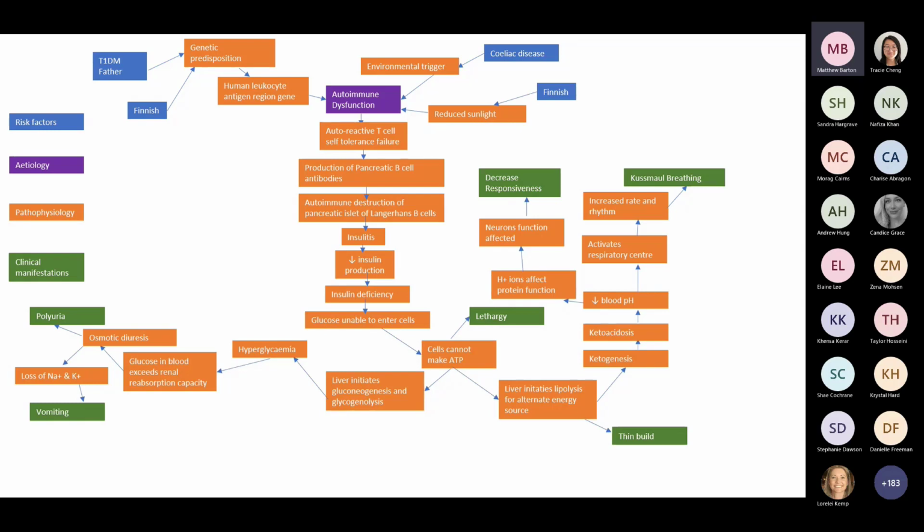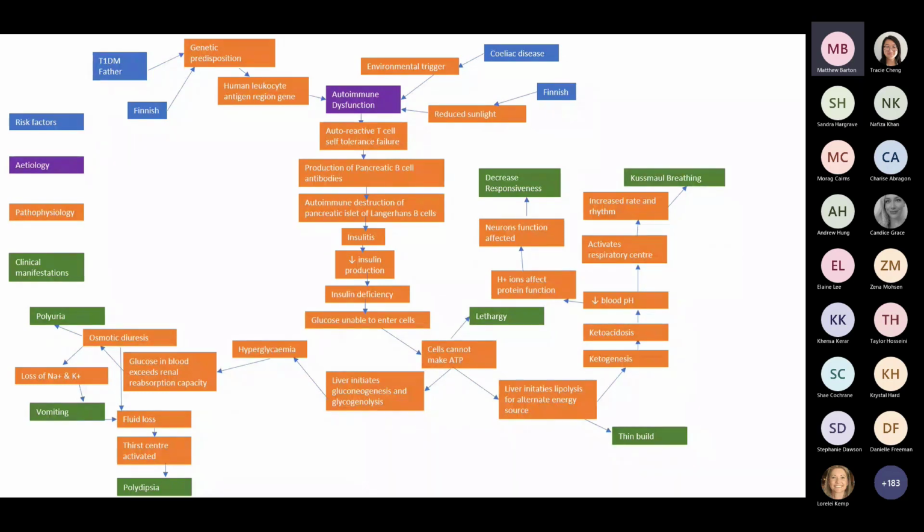But you would be right if you pulled it over near the pH side as well. And then finally, because you're peeing out so much and you're vomiting so much, you get a lot of fluid loss, and therefore you're becoming dehydrated. The thirst center becomes activated, and then we become thirsty, and that's the polydipsia, meaning you're wanting to drink.